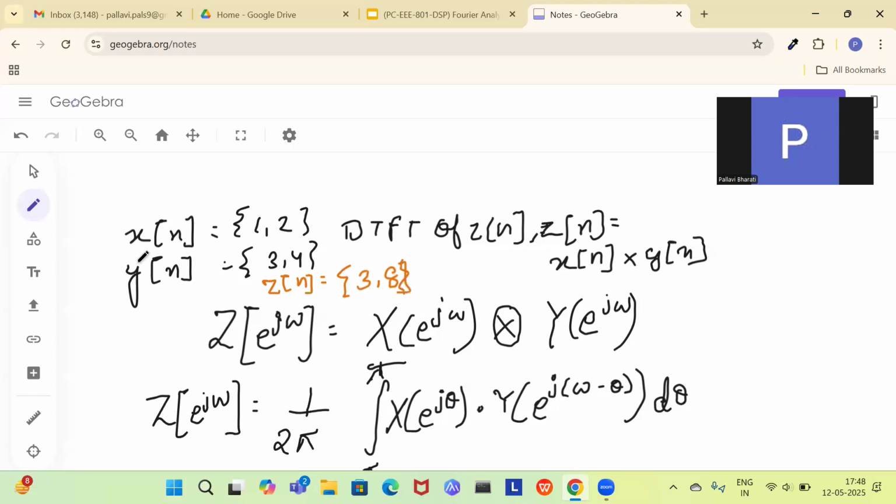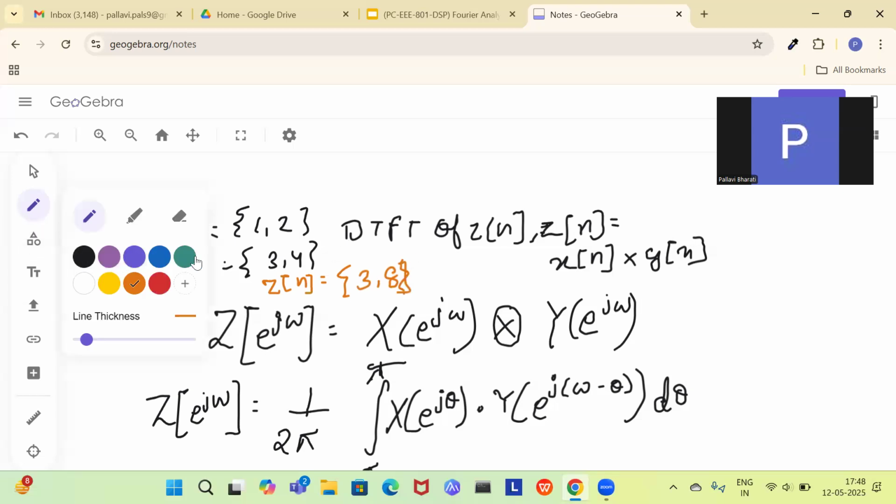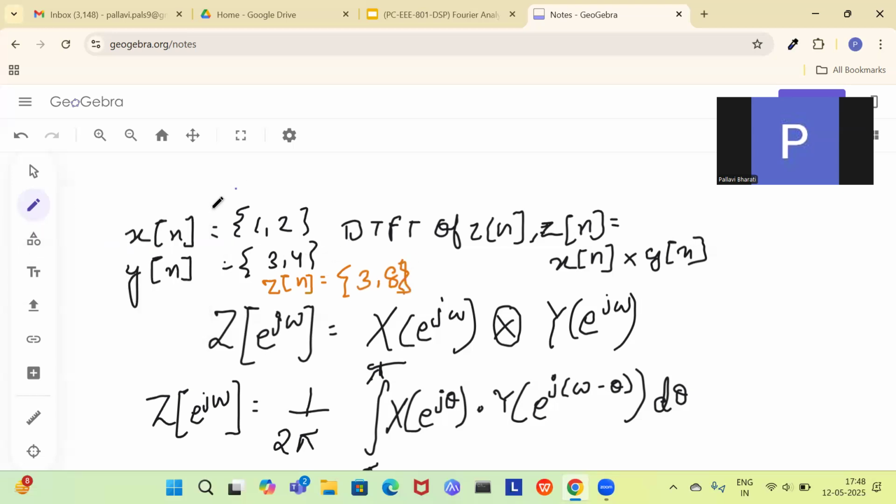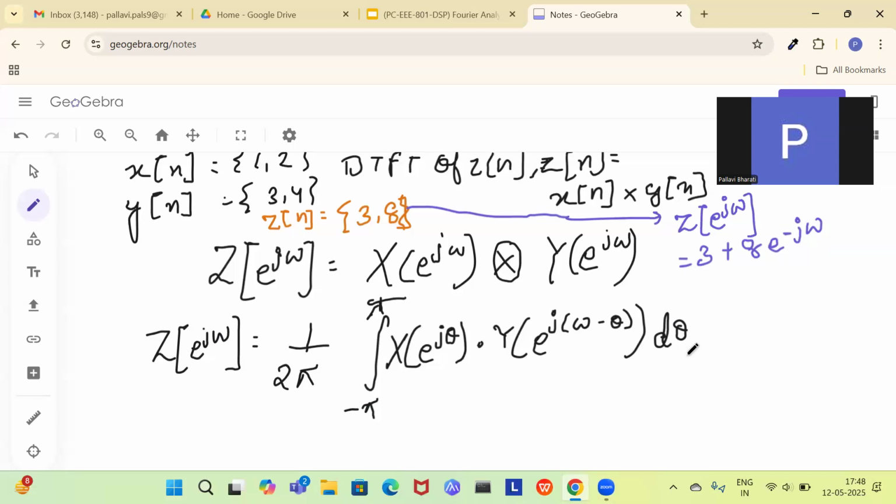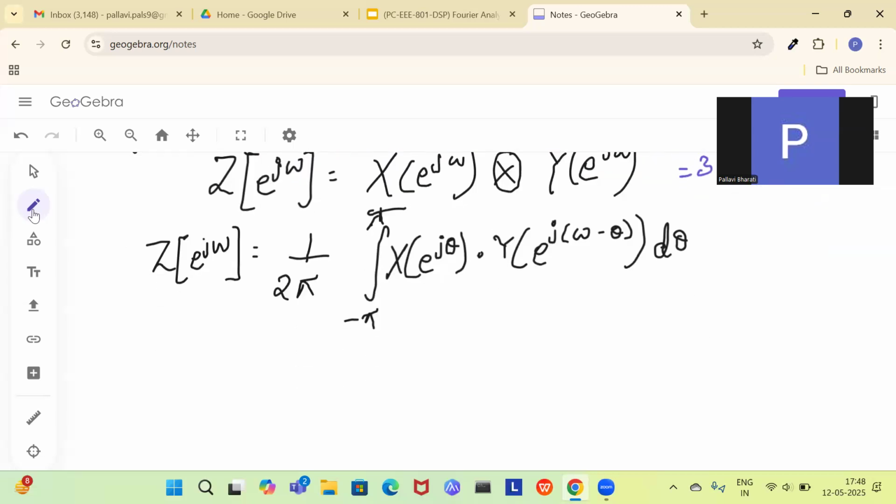Now if you take out the DTFT of this one directly, in this case this method becomes easier, right? Because convolution is a bit more calculation. So now if you take the Fourier transform of this one, then the answer is going to be 3 plus 8 e to the power of minus j omega. But here, since we are trying to verify the property, we will do this part also to some extent.